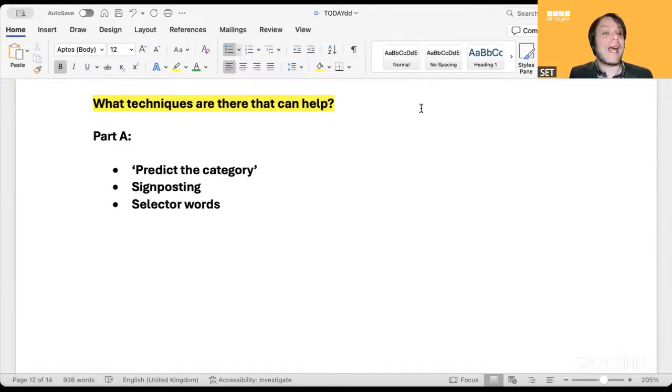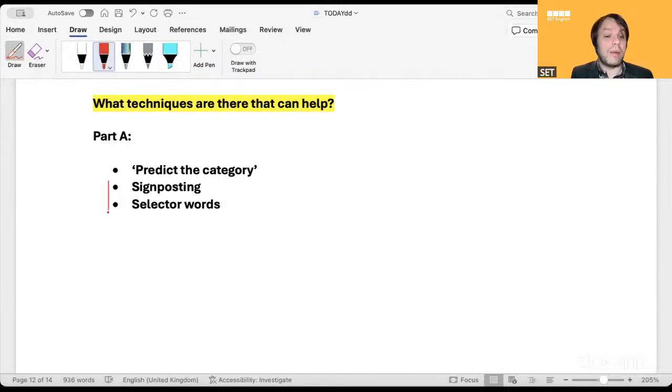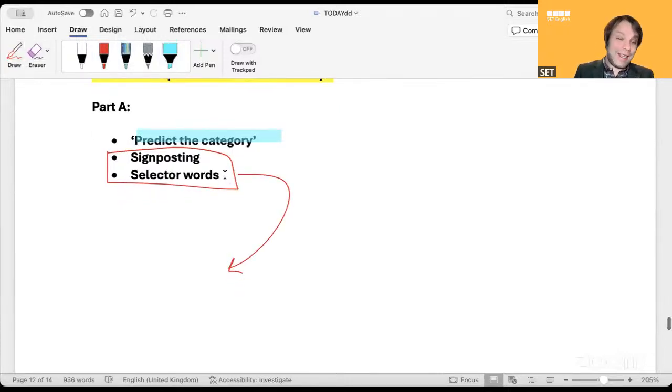Now, today I'm just going to focus on 2 of these. If you don't know what we're talking about, don't worry. Next week I will do predicting the category. This week we're going to focus just on these 2, and we're going to quickly understand it. It's very simple actually. I have been teaching OET a long time, and you just see the same thing happening in almost all the tests.